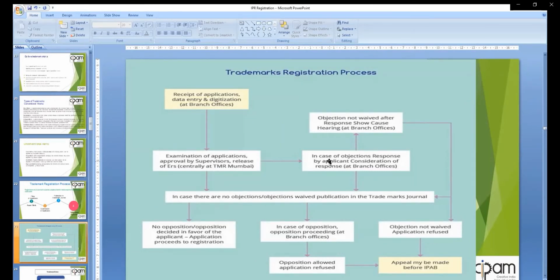In case of objection, there is a hearing, and in case of no objection, the examination report is conveyed to both the parties and it is published in the official journal. In case of no objection, the trademark certificate is issued to the person or entity.